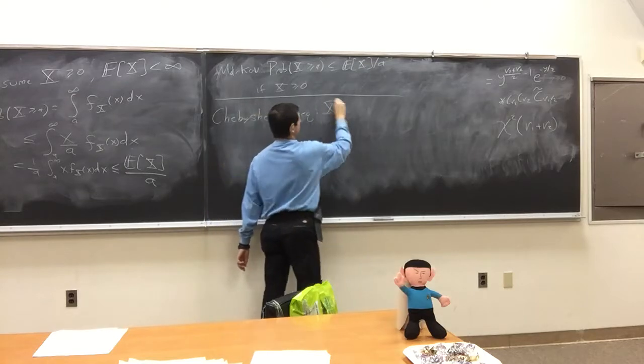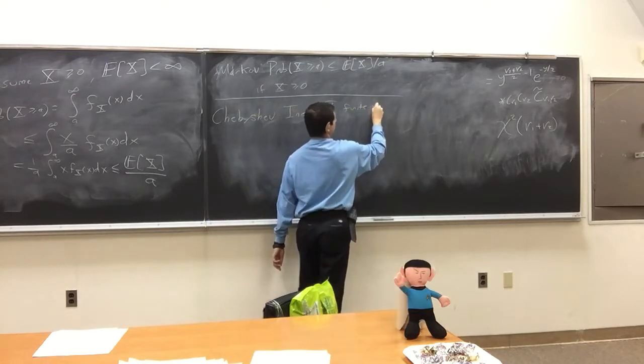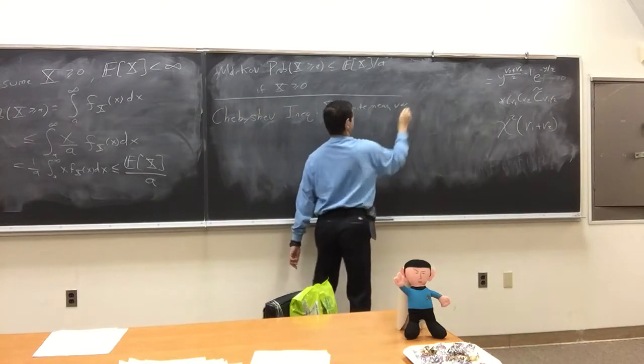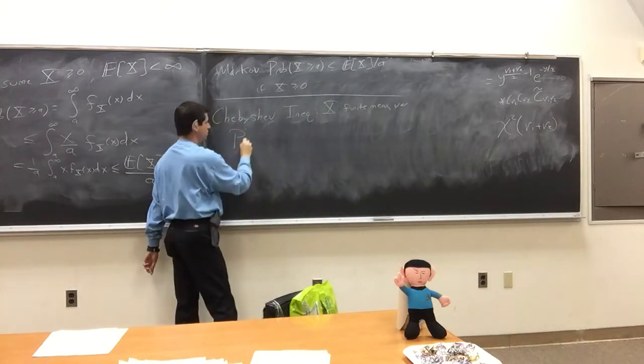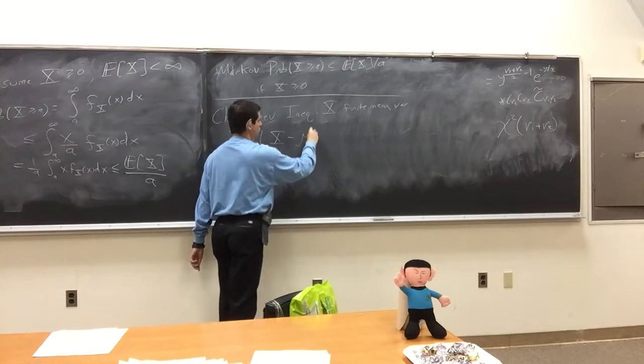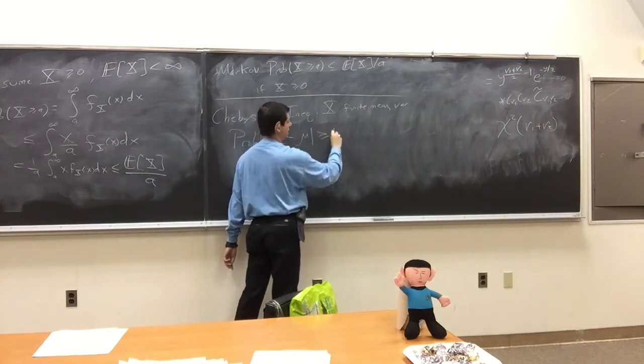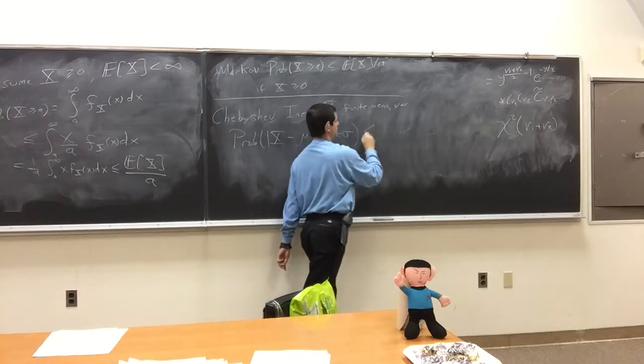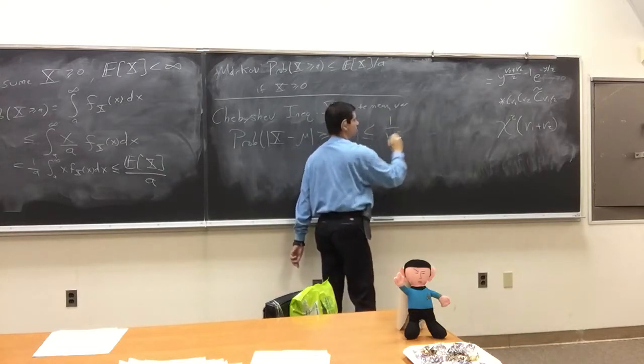Chebyshev's inequality. Let's say x has finite mean and variance. Then the probability that |x minus mu| is greater than or equal to k sigma is less than or equal to 1 over k squared.